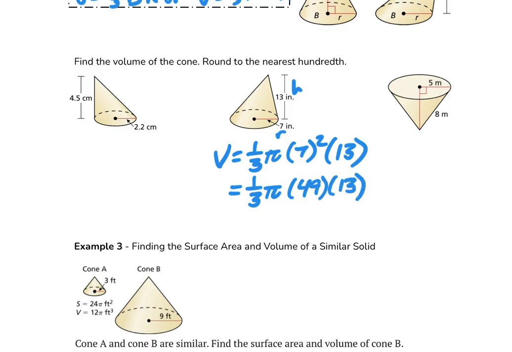If we were going to leave this one in terms of pi, we would take 49 times 13 and then divide it by 3. If you were to do that, you're going to get a fraction here, I think, and so you'd have to leave it as a fraction with pi. But let's just go ahead and type that whole thing in at once here. We're just going to round to the nearest hundredth.